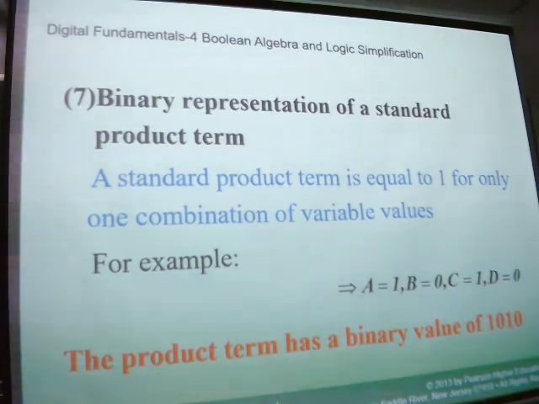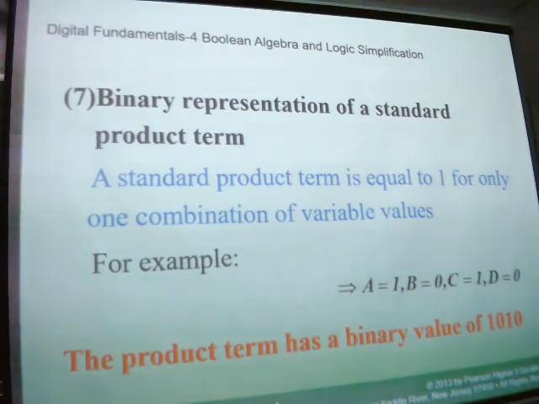For example, if A equals 1, B equals 0, C equals 1, D equals 0, the product term has a binary value of 1, 0, 1, 0.